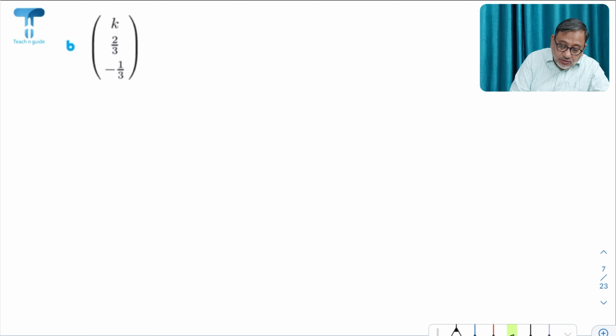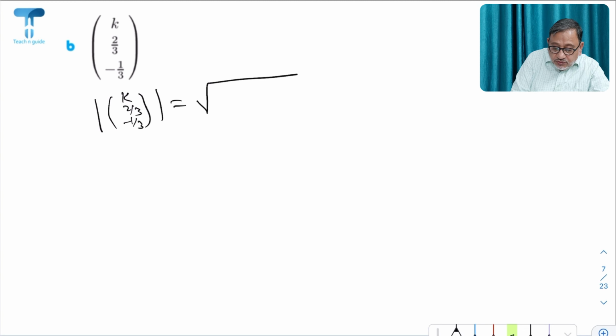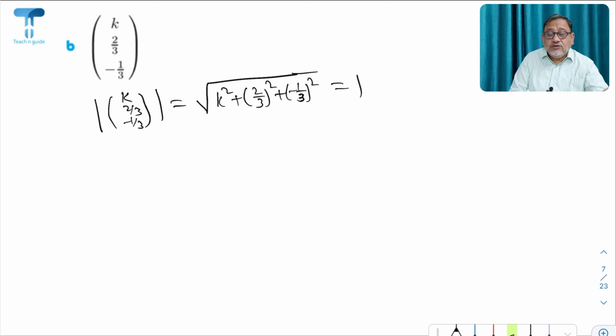Okay. So here the magnitude of this vector, as I did in the earlier case, is equal to the square root of k squared plus (2/3) squared plus (-1/3) squared, and this is equal to 1 because it is already given that they are unit vectors.